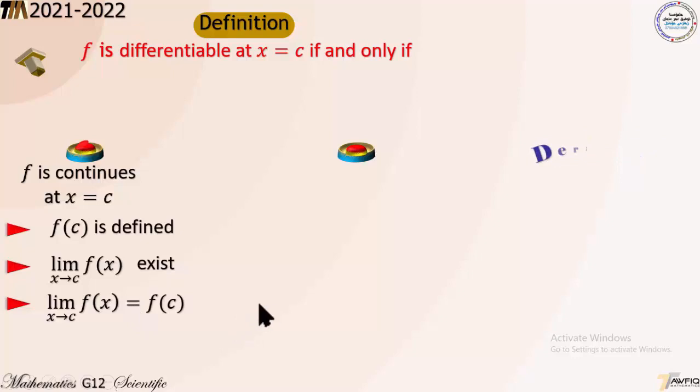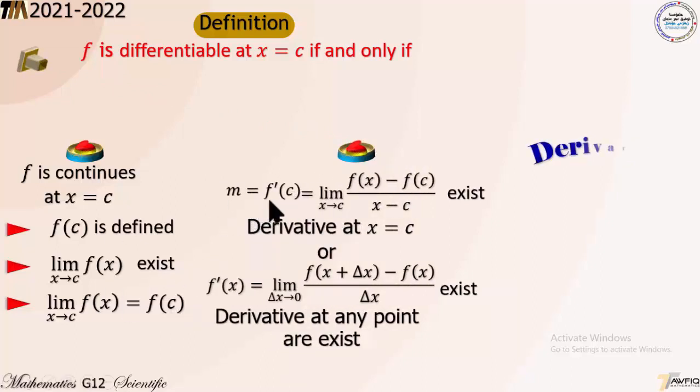And we have another condition: the slope of the function equals f prime of c, which is the limit as x approaches c of f of x minus f of c over x minus c, which must exist, and this is called the derivative at x equal to c.